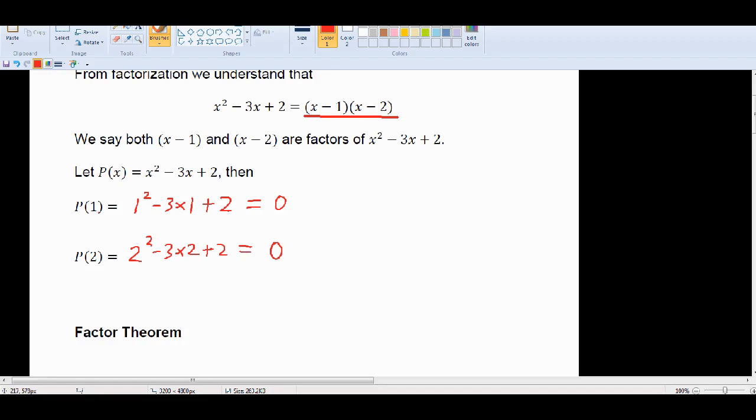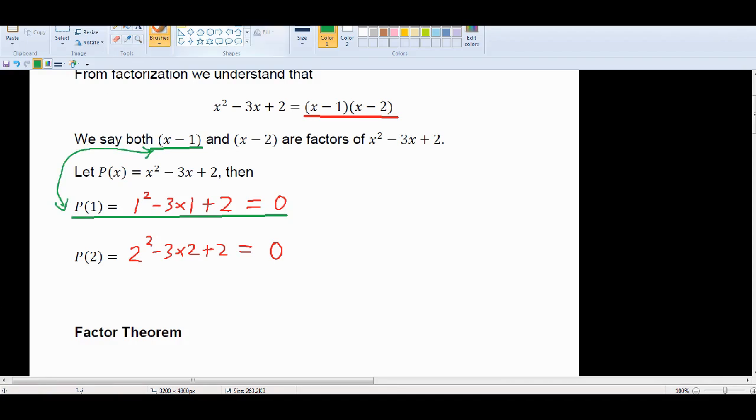So what's the relationship between the fact that x minus 1 is a factor and the fact that P(1) equals 0? Okay, so actually they are related.